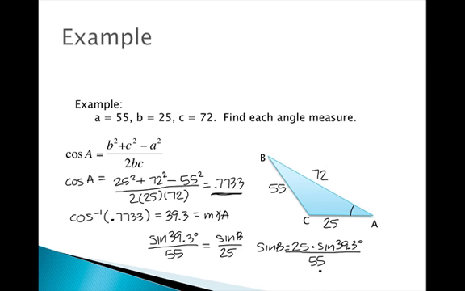So when you plug that into your calculator, you end up with 25 times sine of 39.3 divided by 55, which equals 0.2879. So to find the angle measure, we're going to do the inverse again. So sine inverse of 0.2879 will give us 16.7 degrees.